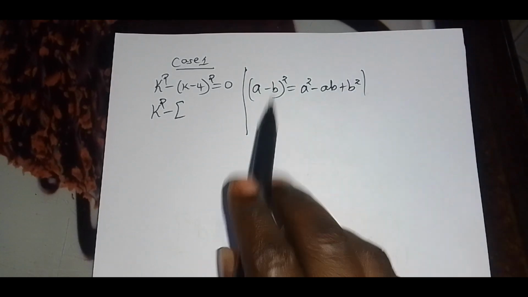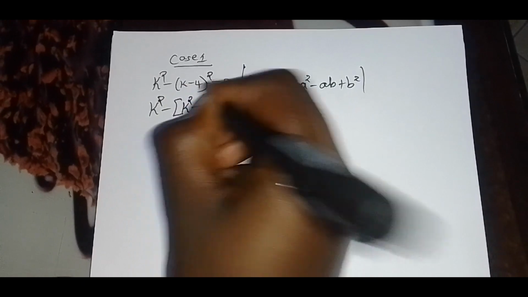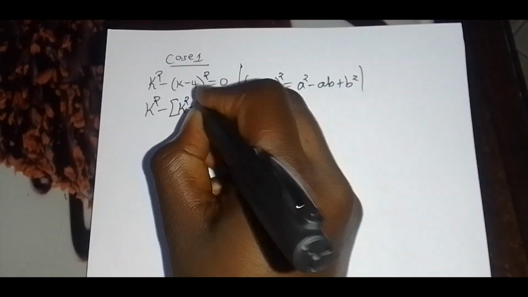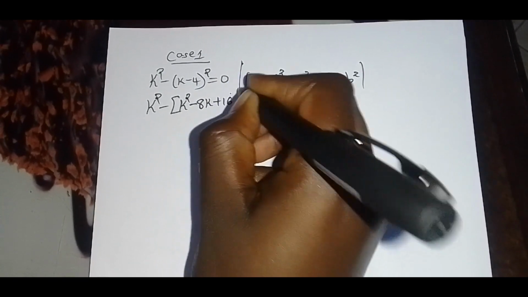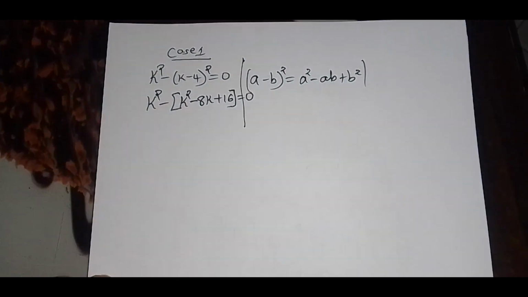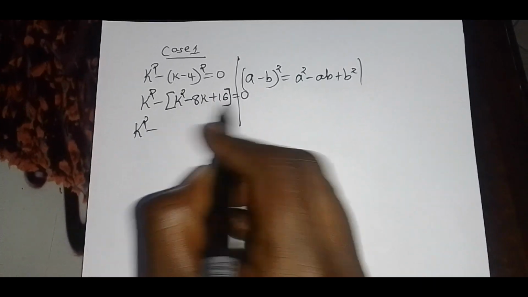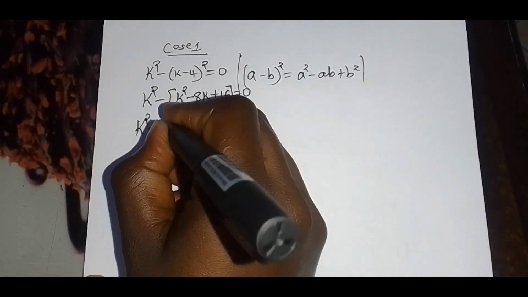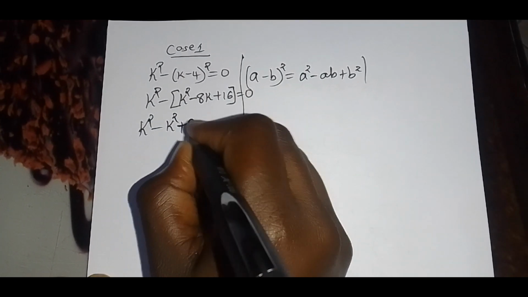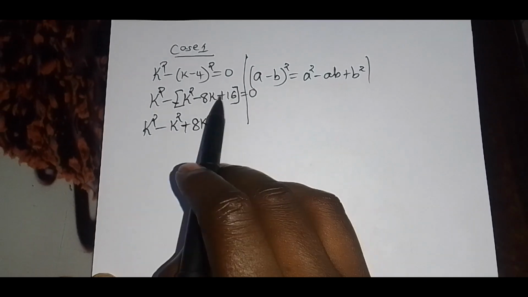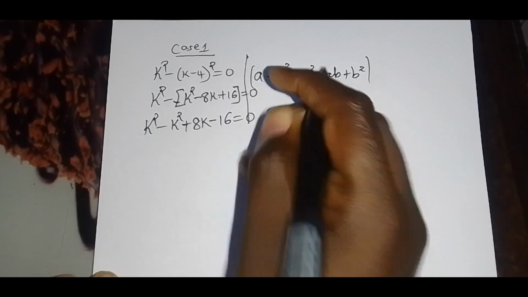Applying this property, we are going to have k squared minus (k squared minus 8k plus 16) equal to 0. We open the parentheses so that we have k squared plus 8k minus 16 minus k squared, equal to 0.